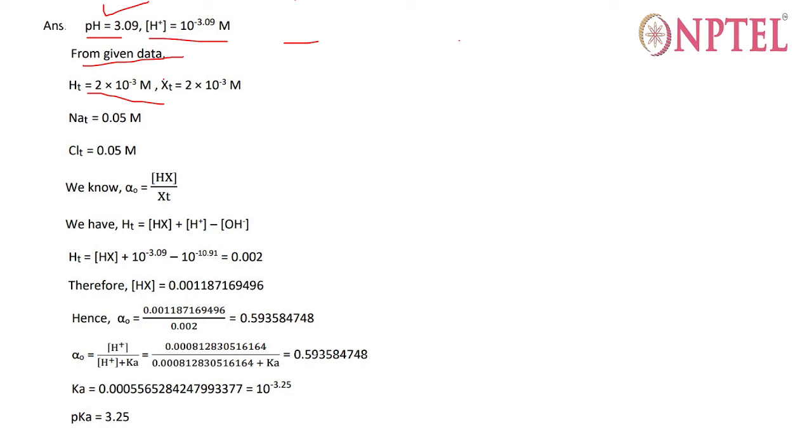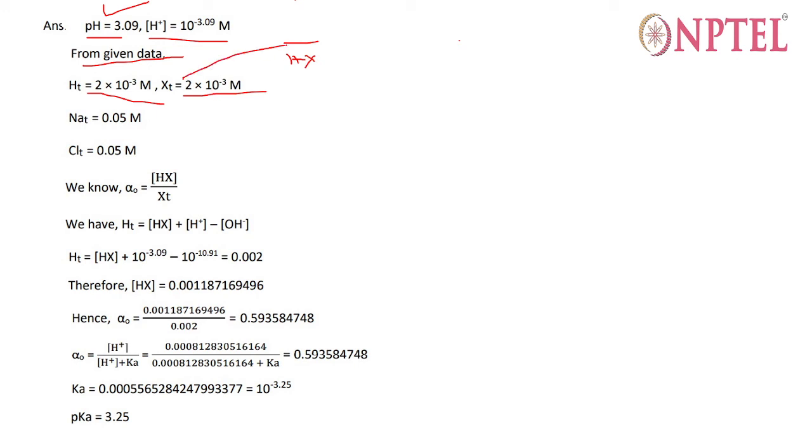So from one molar monoprotic acid, I am getting 1 molar of H plus ions, right? And in case of anion also, I'll get 1. So I can write similarly 2 into 10 to the power minus 3 molar from HX. And I know what is the HX concentration.